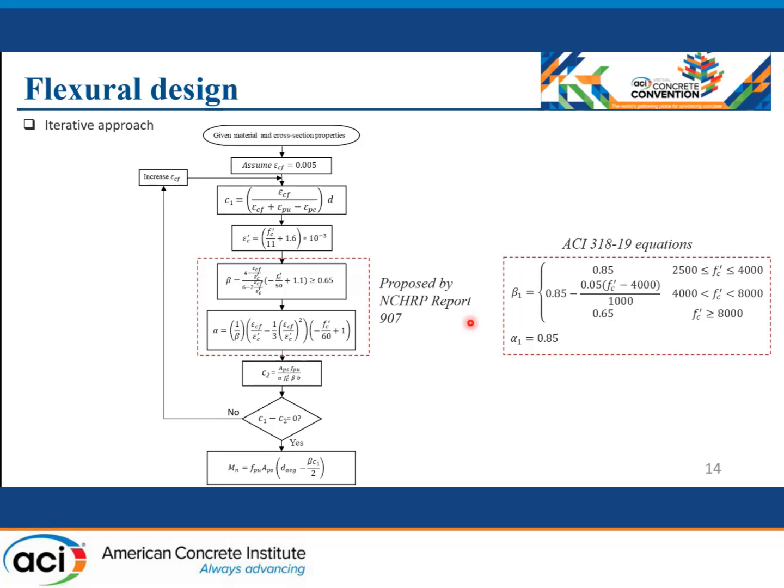This is where the values given in ACI 318-19 cannot be used, because those beta 1 and alpha 1 are given only when the strain in the extreme compression fiber equals 0.03, whereas these equations can be used for any strain in the compression fiber.